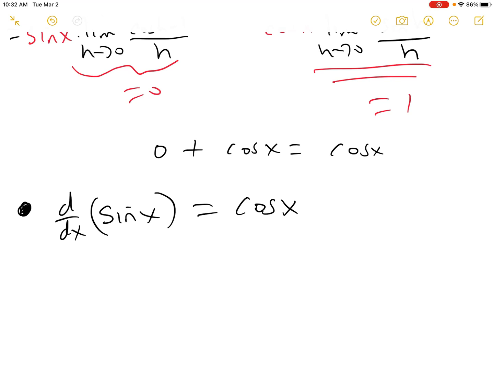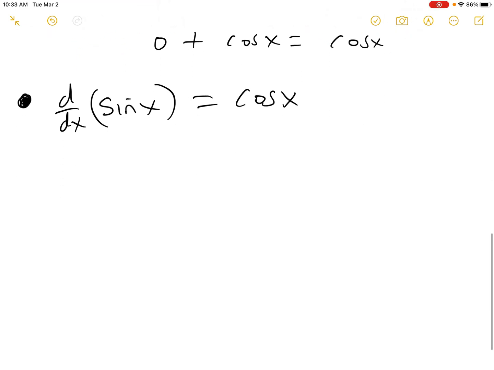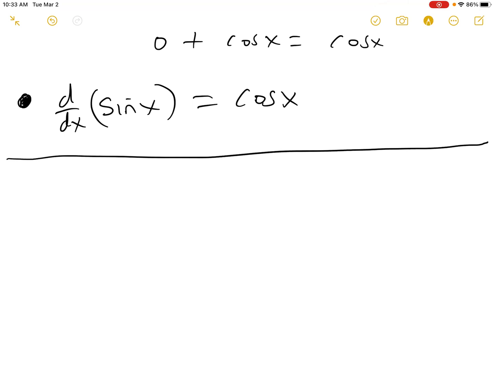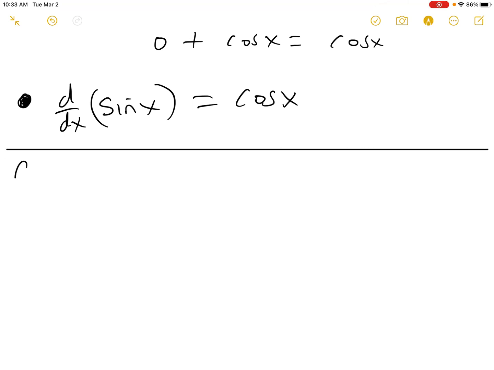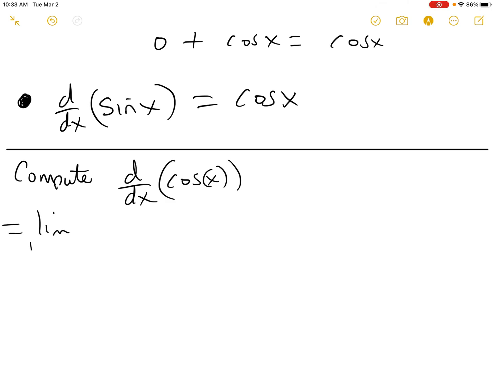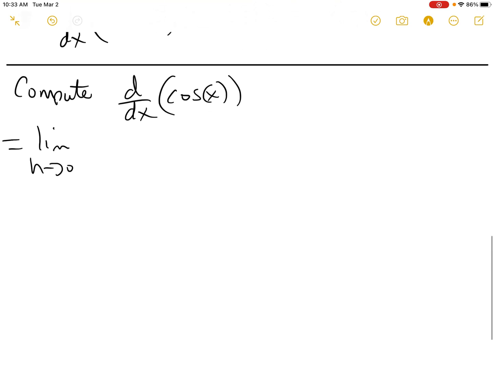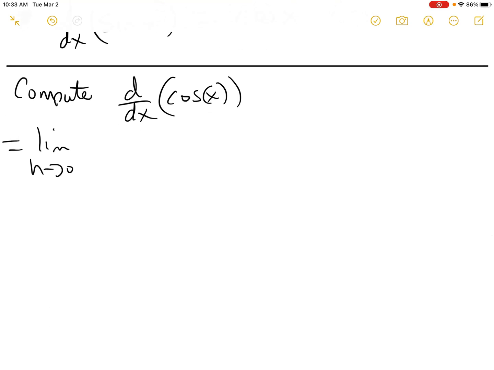Okay. Now let's find the derivative of cosine. So just writing out all this stuff, this is cosine x plus h minus cosine x over h.